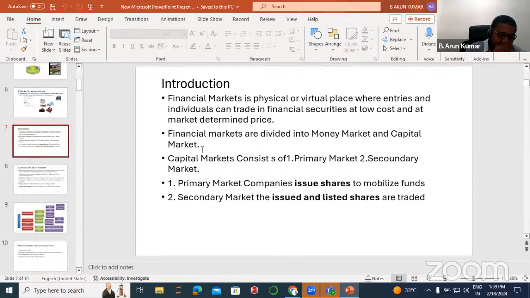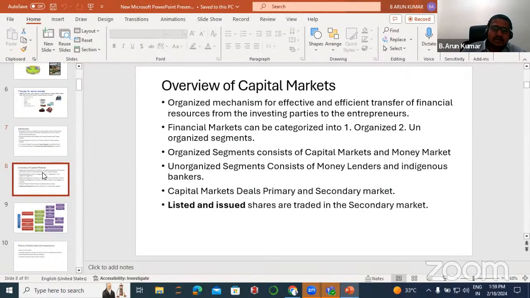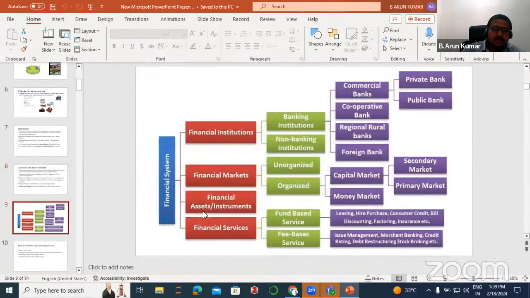In capital markets, you start with the definition, then see the overview of the capital markets.